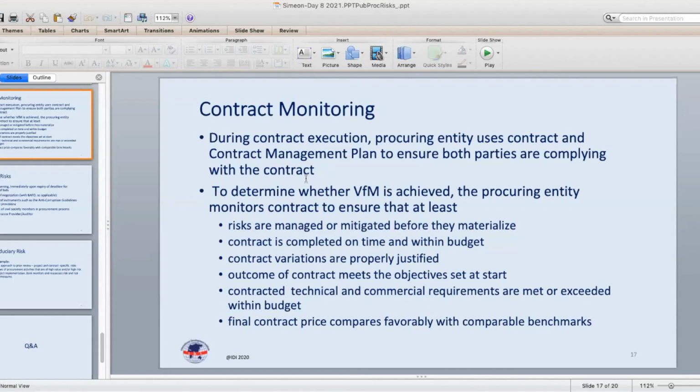I'm thinking of a couple of things right now. One is that the risk of non-performance, or the risk of abuse, the risk of corrupt practices.